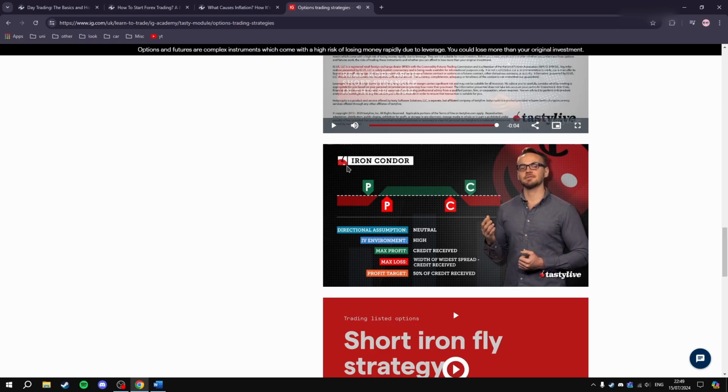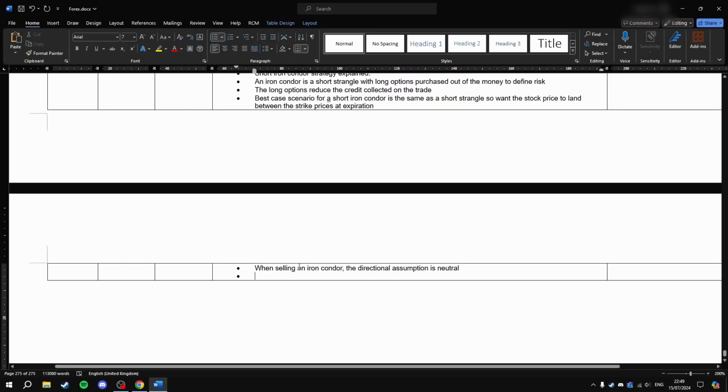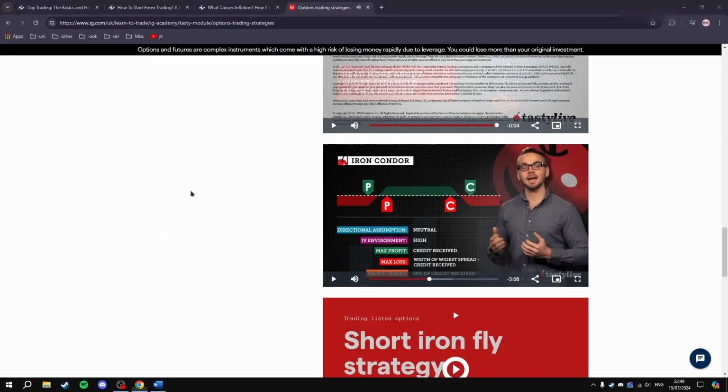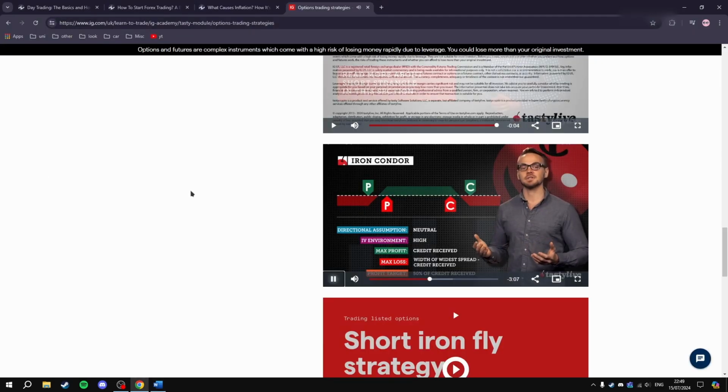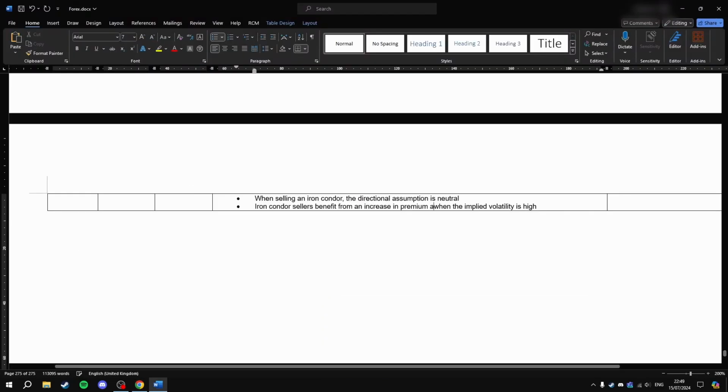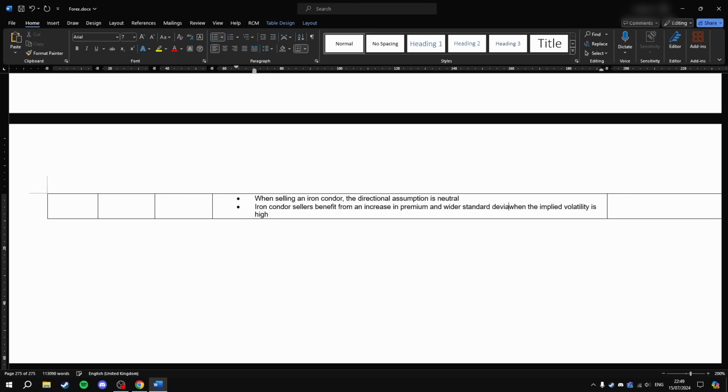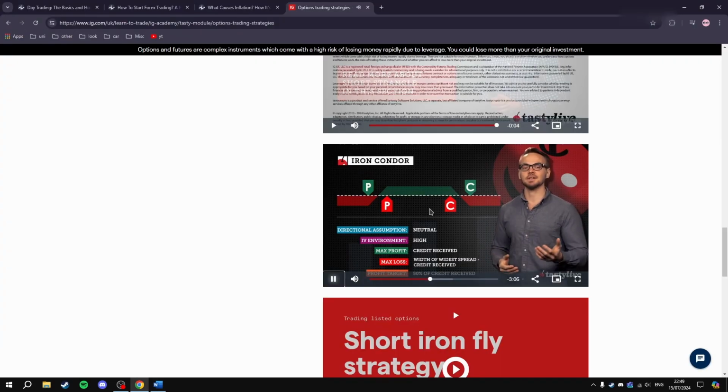Iron condor sellers benefit from an increase in premium and wider standard deviations when implied volatility is high.